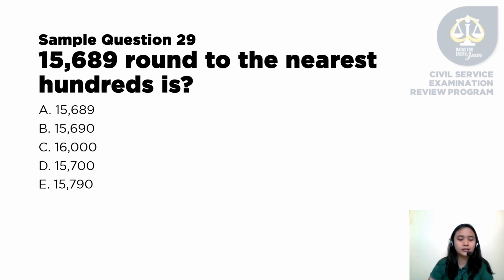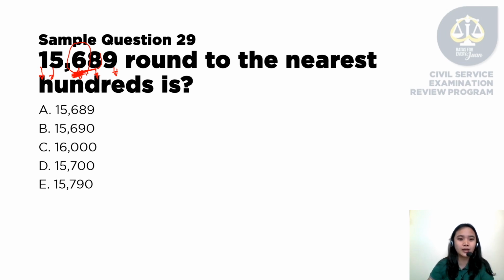So, proceed tayo sa sample question number 29. Round to the nearest hundreds. So, ano ba yung hundreds natin? Diba ito yung ones, tens, hundreds, thousands, 10,000s. So, i-round off lang daw natin to the nearest hundreds dito sa part na to. And since yung 8 natin is greater than 5, gagawin nating 7 etong 6.